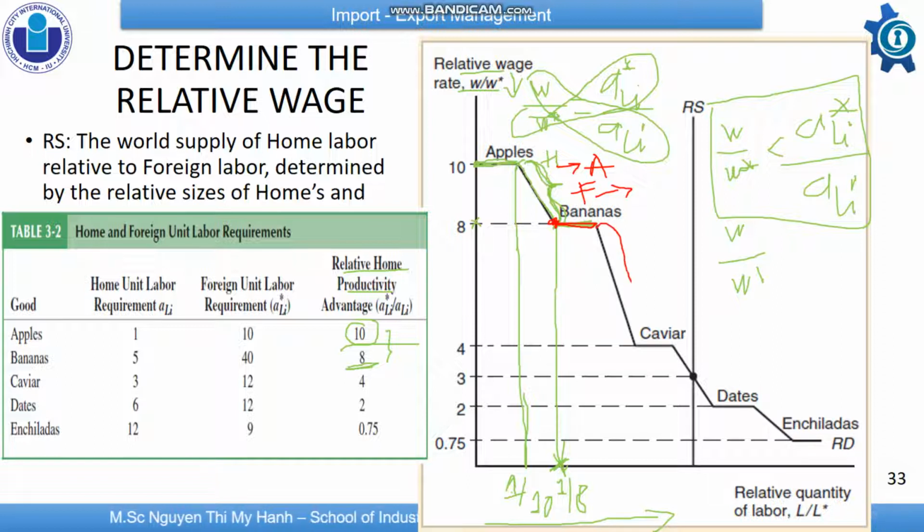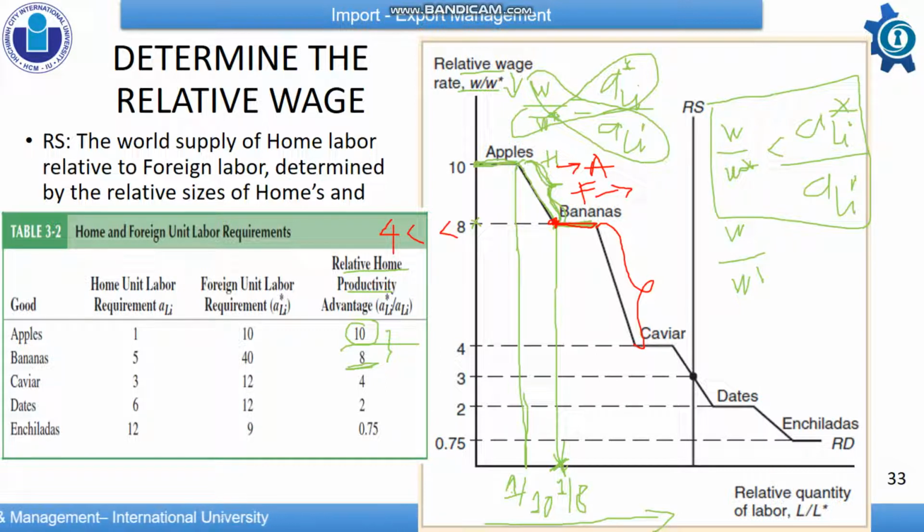And from here to here again, when the relative wage rate is less than 8 and larger than 4, home will produce apple and banana, and foreign will produce caviar, dates, and enchiladas. So on and so forth.